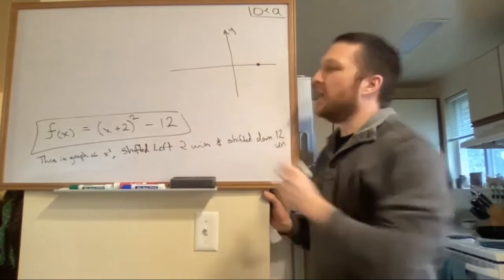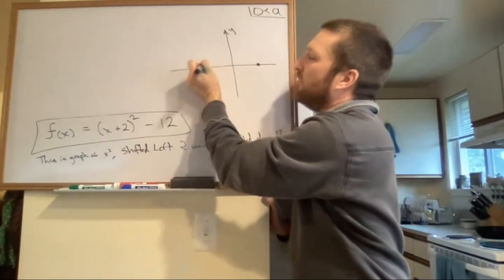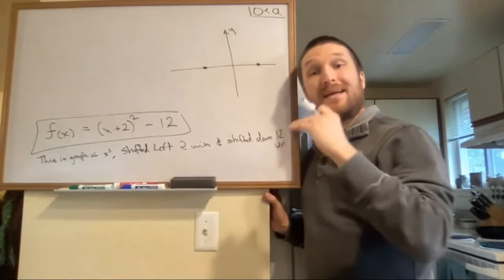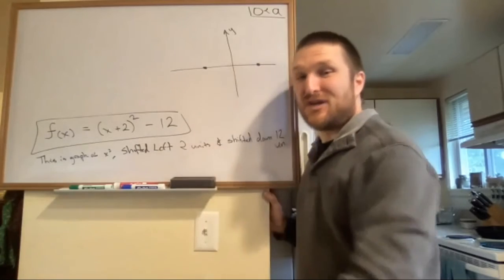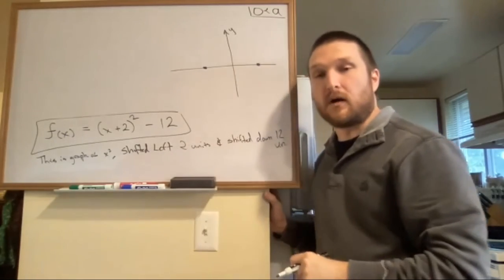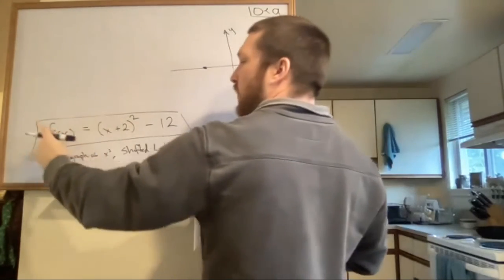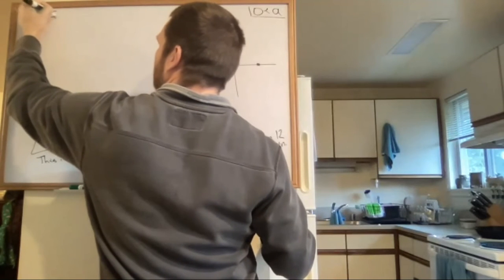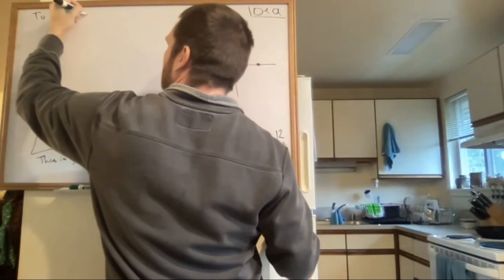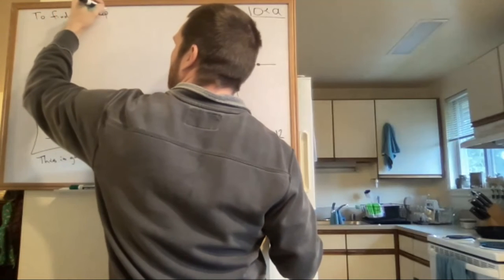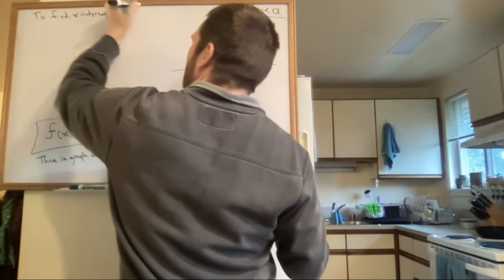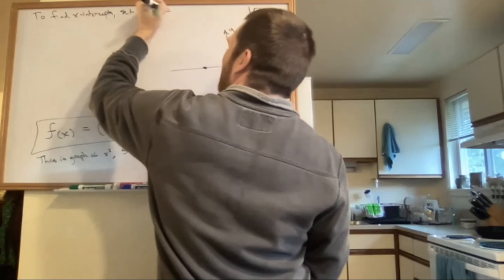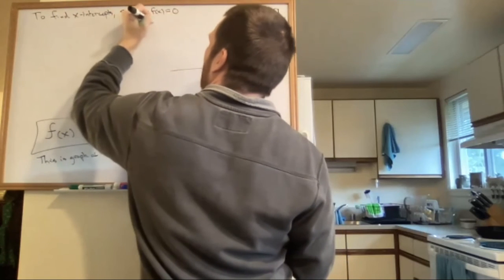Always. So if you're on the x-axis, your y value is 0. So in other words, to find x-intercepts, set y, which is your f of x, equal to 0 and solve for x.